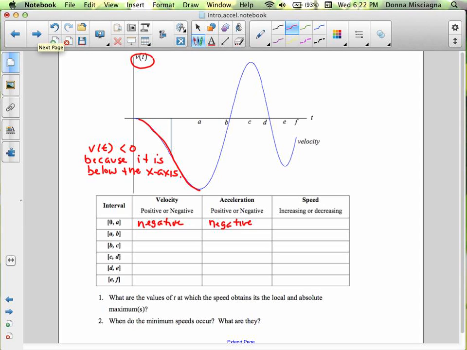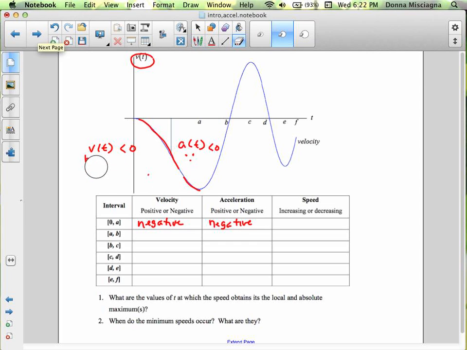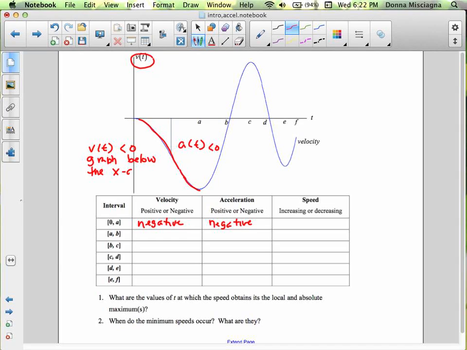I'm going to quickly run out of space on my little graph here, so we're just going to put the reason. So v of t is less than 0 because the graph is below the x-axis. Here a of t is less than 0, and we know that because v of t has negative slope.